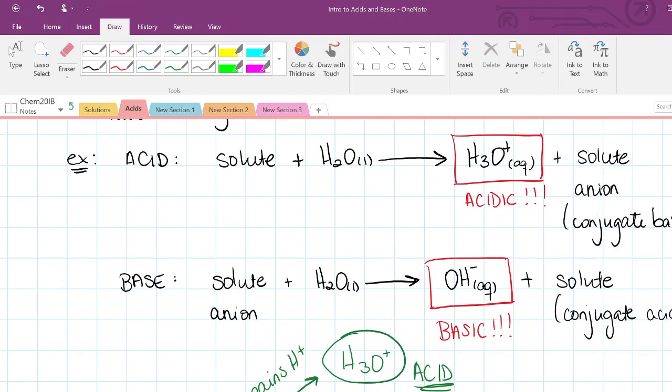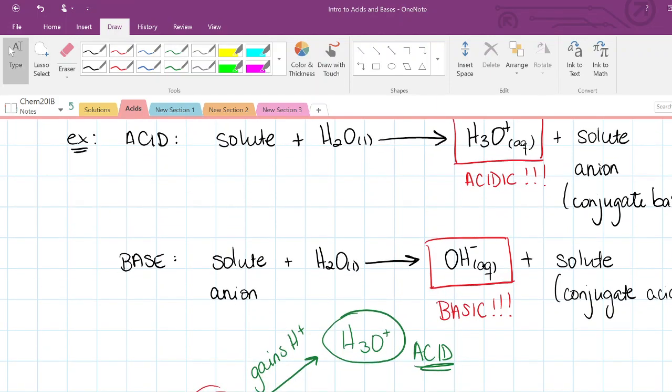For the base, the modification is that we have a solute anion. It's going to react with water, and that's where the base is going to produce its hydroxide ion plus your solute, which is your conjugate acid.